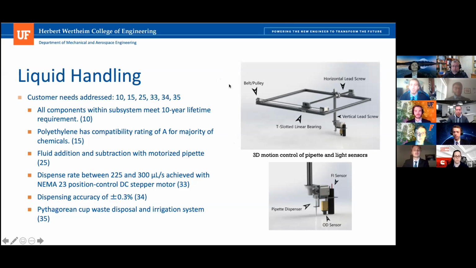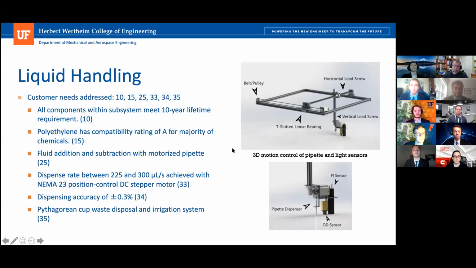But all the motors, lead screws, mounts, and the motorized pipette itself are not in danger of failing within that 10-year lifetime. We realized polyethylene met the chemical compatibility requirements because it has a rating of A for the majority of chemicals, and it also had the strength requirements to withstand that lifetime.